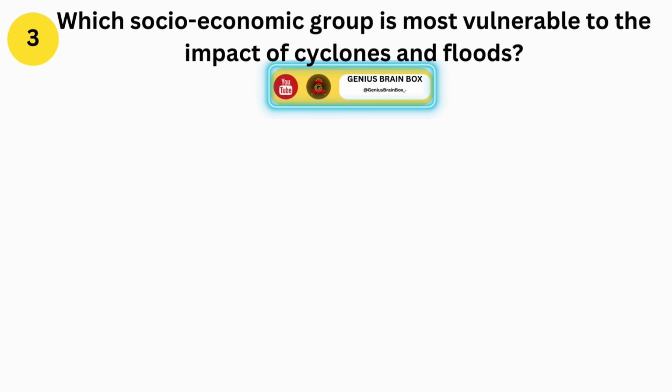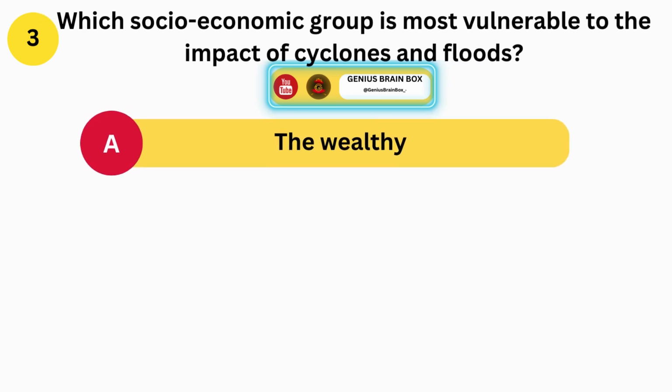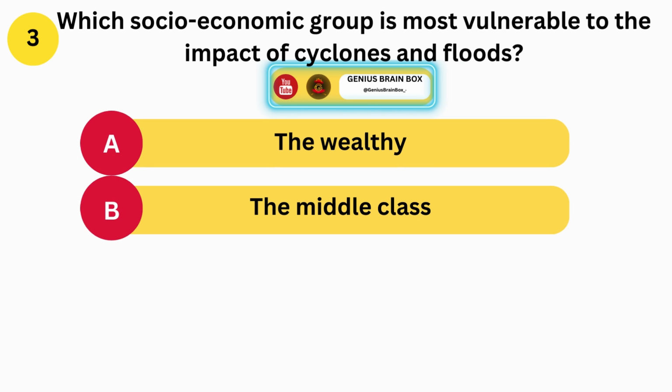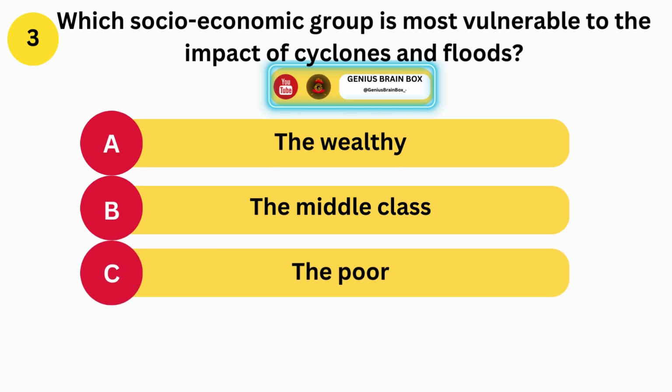Which socioeconomic group is most vulnerable to the impact of cyclones and floods? Option A the wealthy. Option B the middle class. Option C the poor.